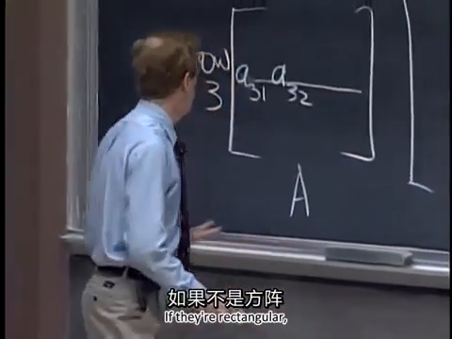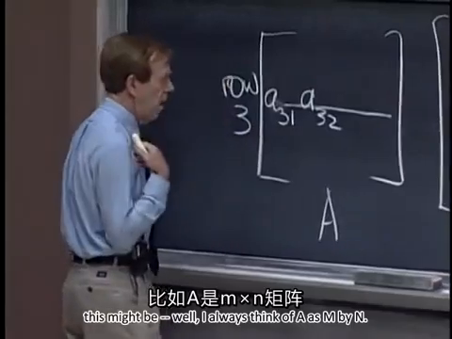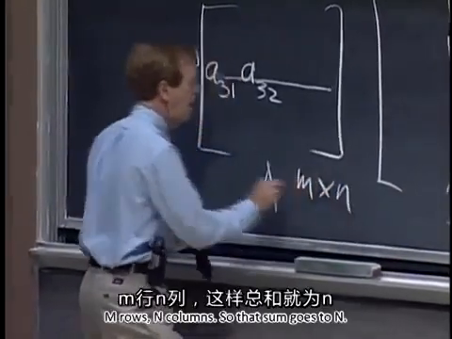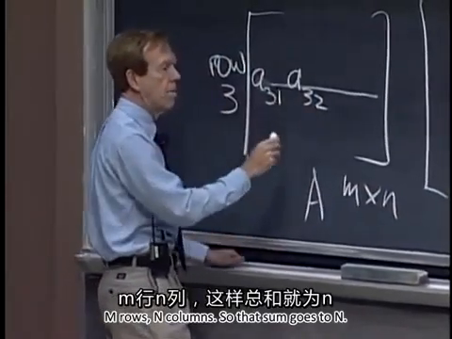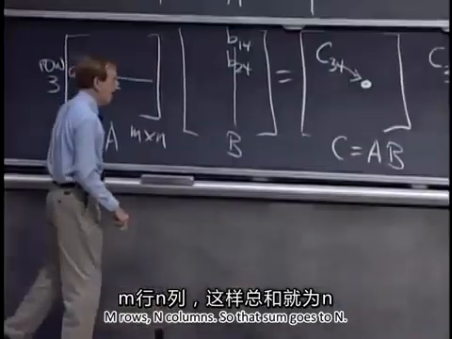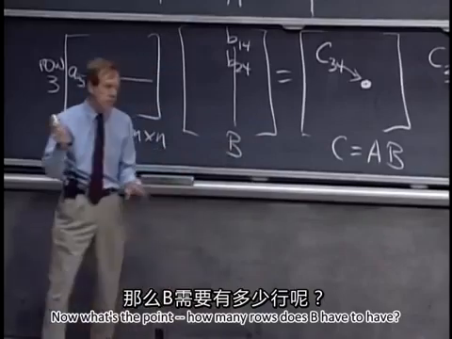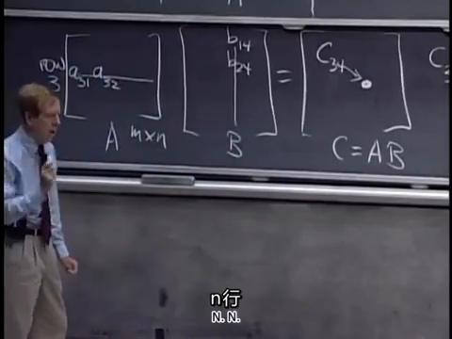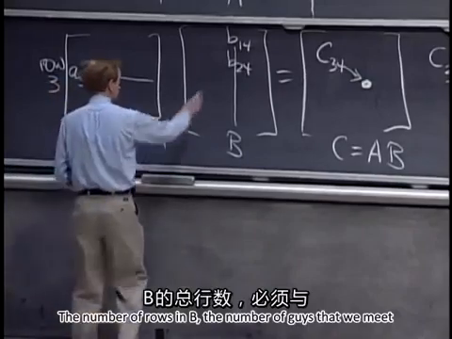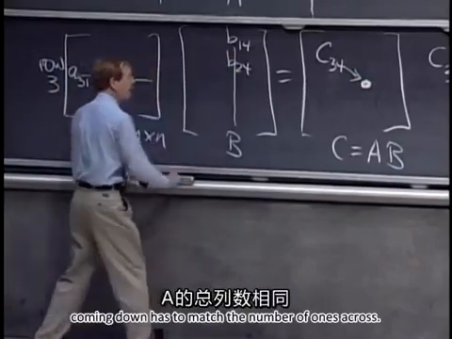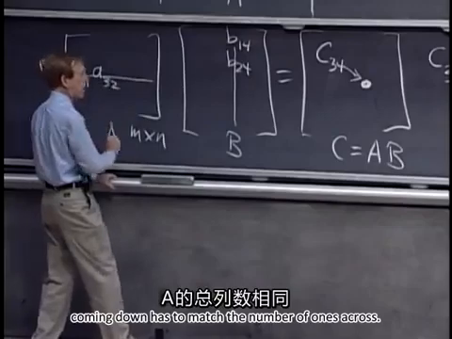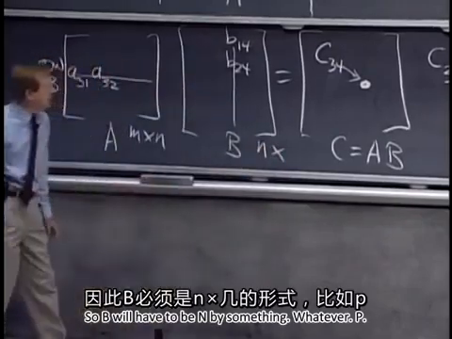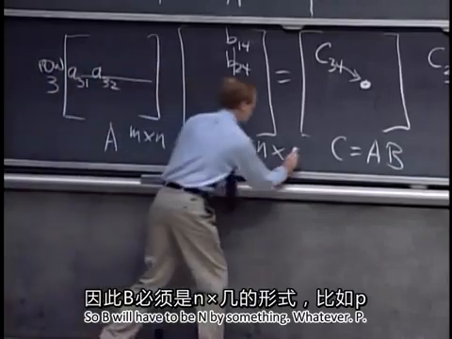If they're rectangular, this might be, well, I always think of A as m by n. m rows, n columns. So that sum goes to n. Now, what's the point? How many rows does B have to have? N. The number of rows in B, the number of guys that we meet coming down, has to match the number of ones across. So B will have to be n by something. Whatever. P.